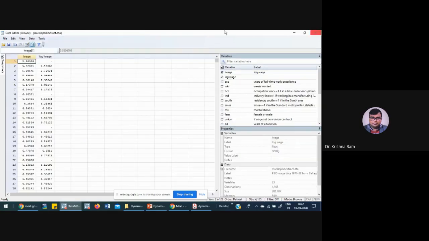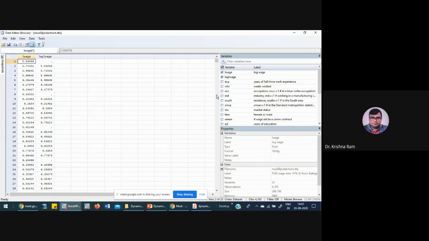We can see here the lag of log of wage variable does not have the first observation value, then after the eighth observation, then after the 15th observation.